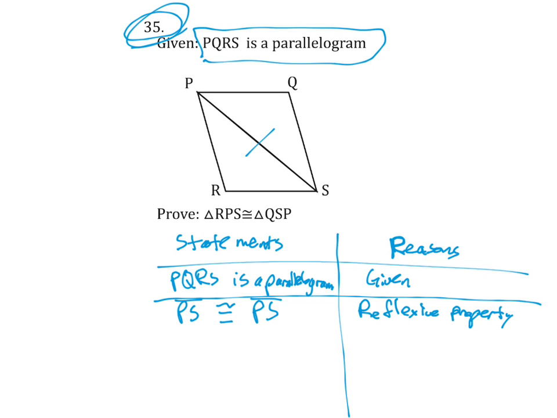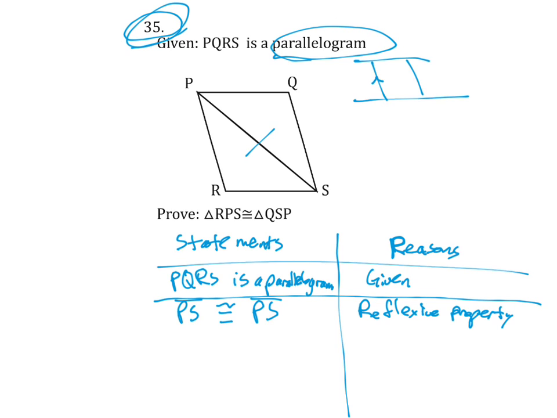Here we have that this shape is a parallelogram. And if you're unaware, parallelogram means that the opposite sides are parallel. That means it's two pairs of parallel sides. Parallel, parallel, parallel, parallel. And so let's add some marks here. That means these are parallel.